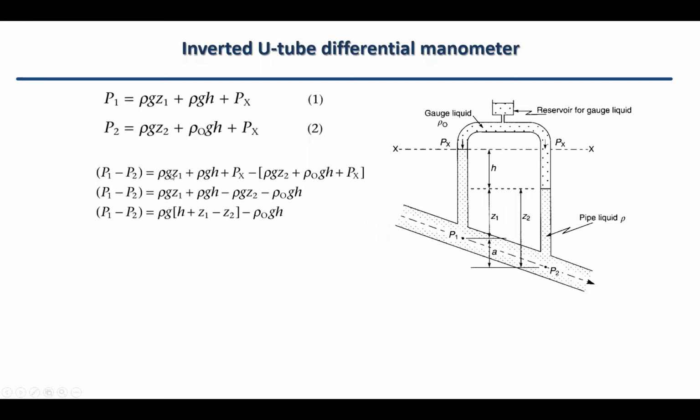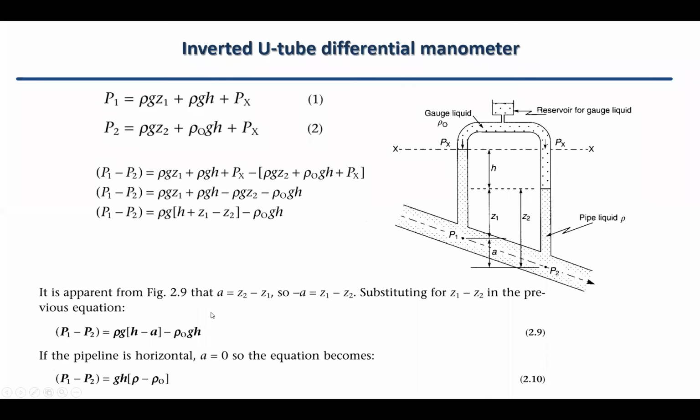And once we subtract here, we have a longer term. Only the Px terms are canceled out, and apart from that, 4 terms are left. If you factor the rho g, we have 3 parameters inside the bracket minus rho oil, rho o gh. So this is the situation, and we can go with the difference of the level of the 2 points, the same as the previous slide, as minus A. You can substitute it with Z1 minus Z2 in this equation.